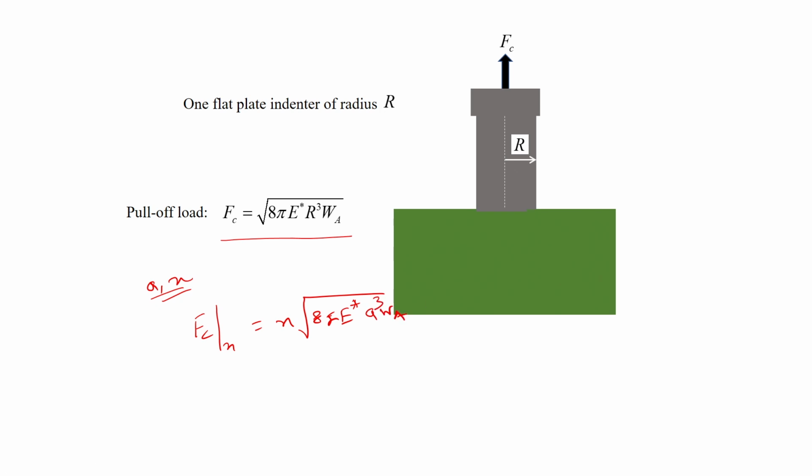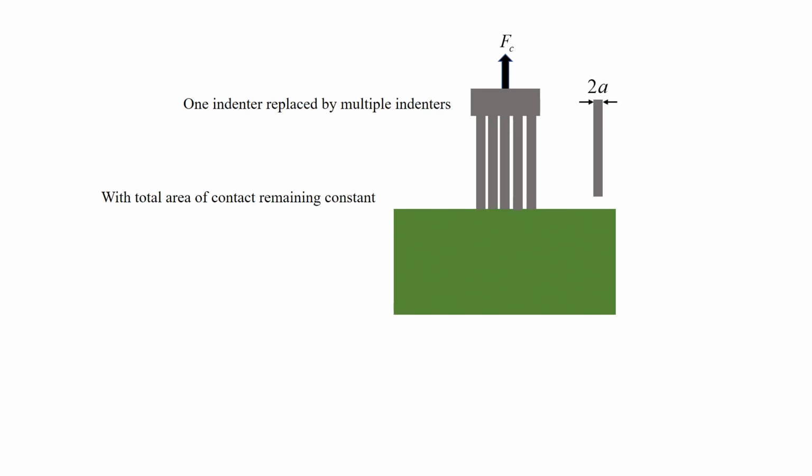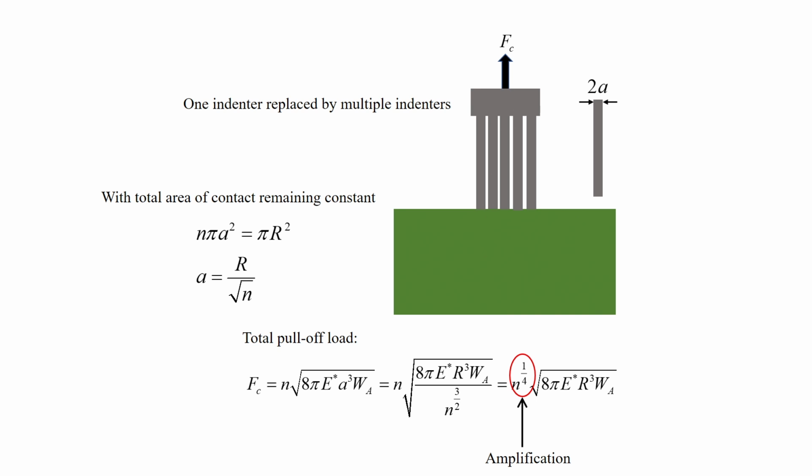So we have a smaller radius, as shown here. Now a is equal to R by square root of n, so it becomes R cube by n to the power 3 by 2 into W a, where W a is the work of adhesion.